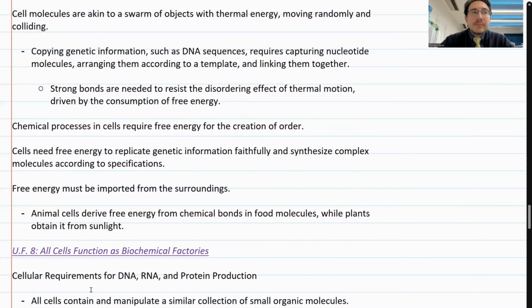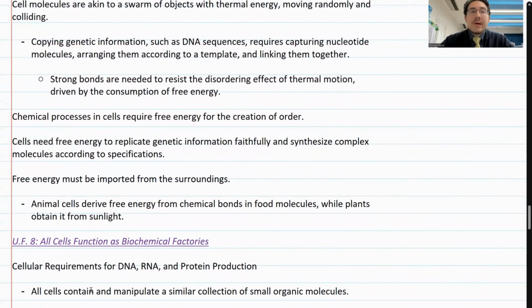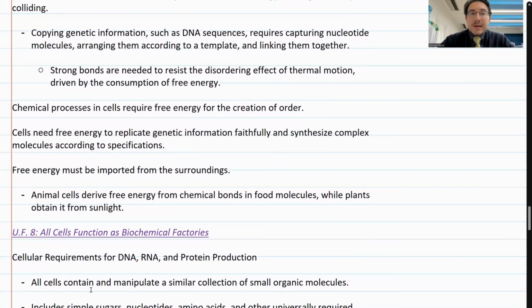And more specifically, when you think about cell molecules, they could be in just random motion, objects having a certain amount of thermal energy, moving in any direction, having collisions going in different directions, and you want to be having that. You want this type of motion in this molecular landscape.